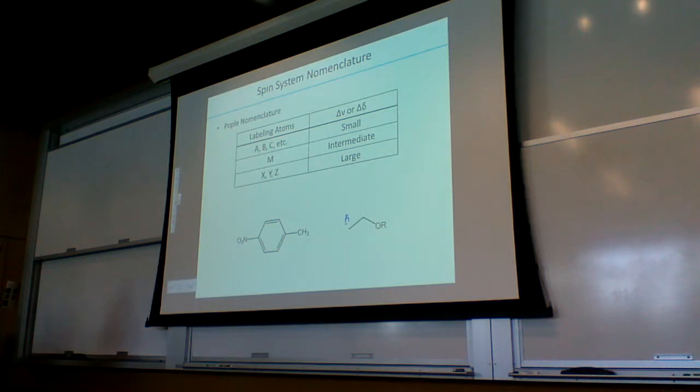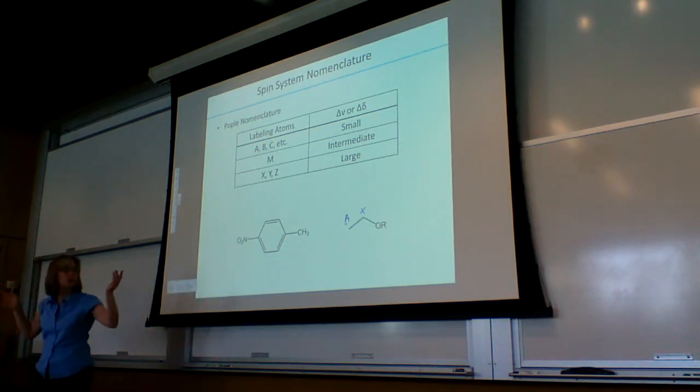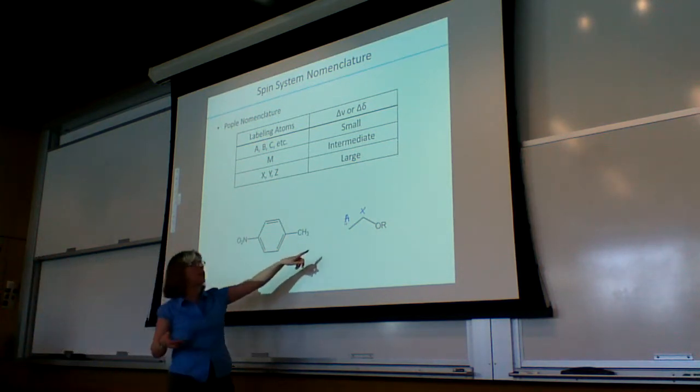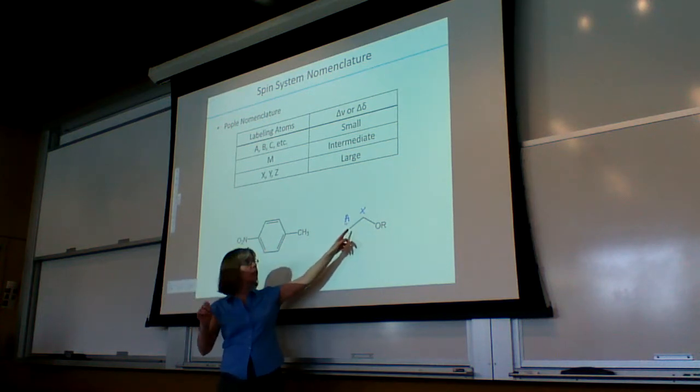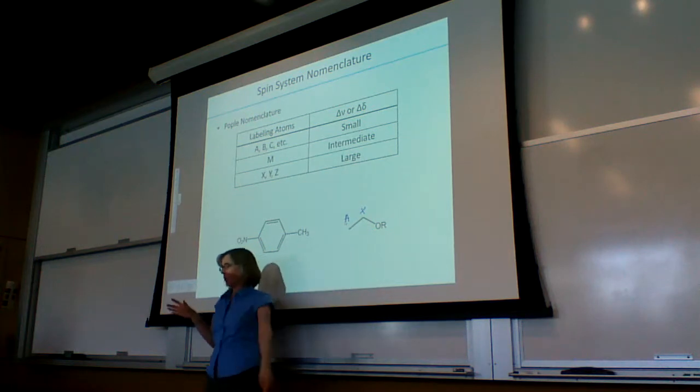on the end of the chain there, and then X for the CH2 group, meaning that the difference between the chemical shifts of those two is going to be pretty large. So we know that the CH3 group should be between 1 and 2, but the CH2 group next to an oxygen should be between 3 and 5.